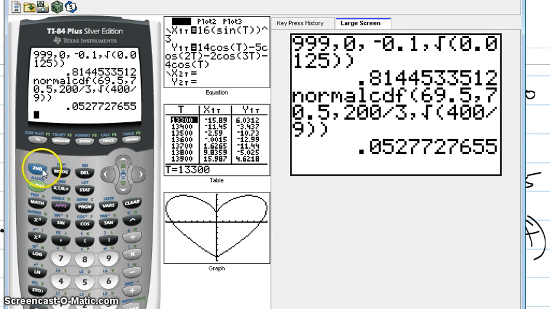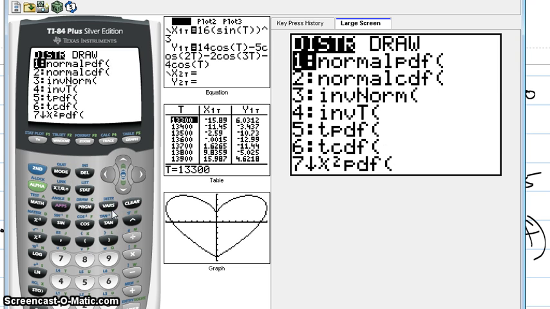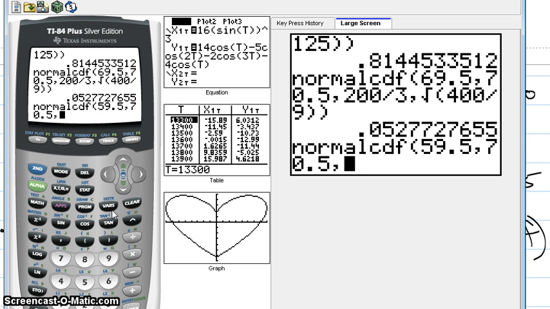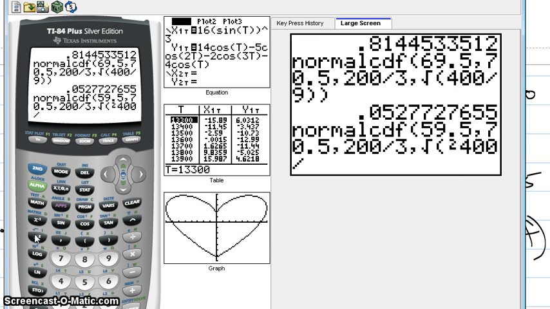So, very similar. Distribution, normal CDF. This time, my lower bound is 59.5. My upper bound is again 70.5. My mean and variance are the same, so 200 divided by 3, and then I also want the square root of 400 divided by 9.